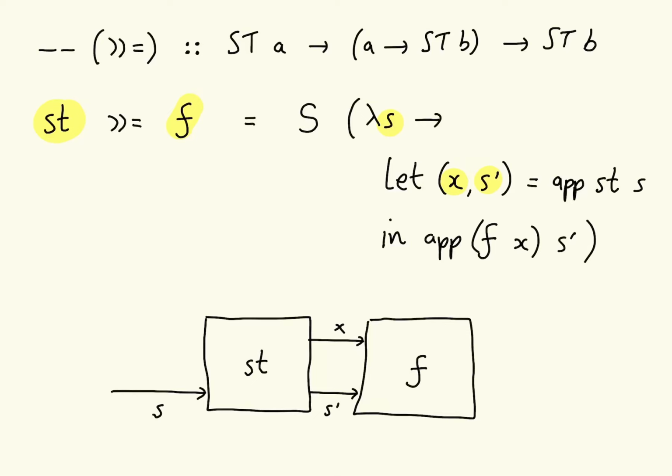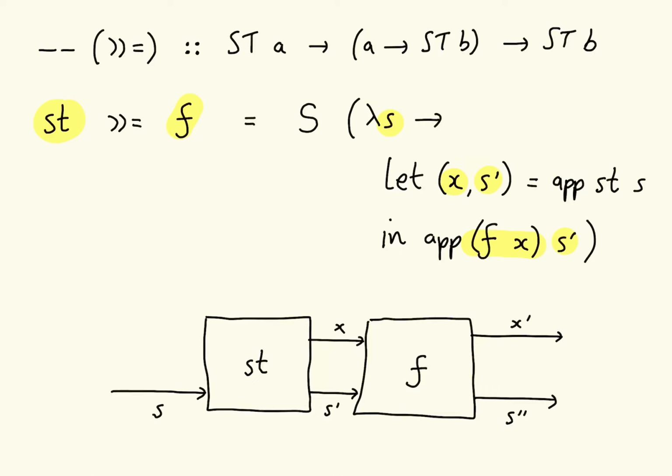That's what we see down here. We're applying the function f to the result value x and the possibly modified state s prime, and then what we're going to get out on the right hand side here is a possibly modified state s double prime, say, and a new result value, let me call that x prime.